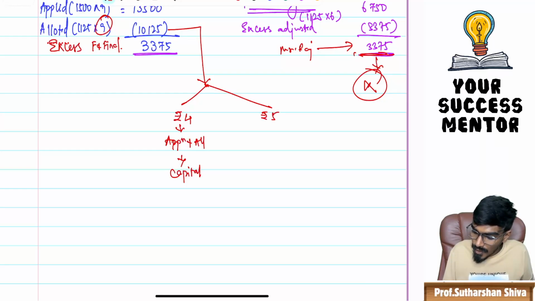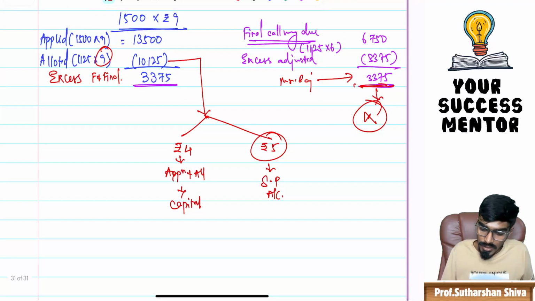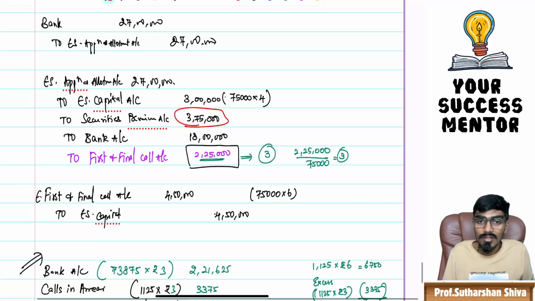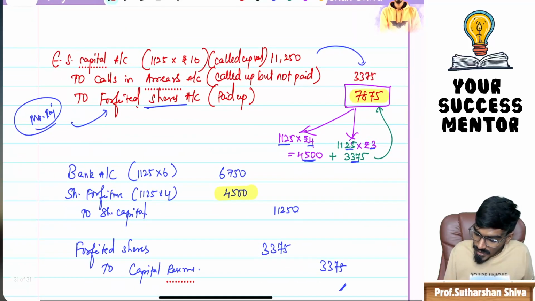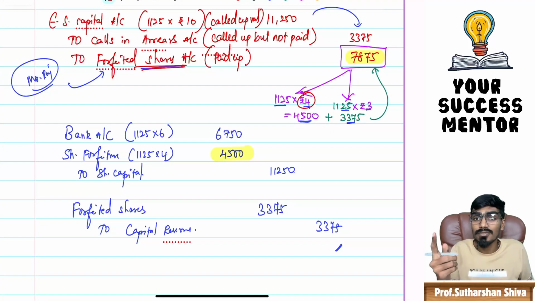The remaining 5 rupees, which I get as a benefit, will go to the securities premium account. That's why we already credited this 3,75,000. So in forfeited shares, you should only take up to the value of the capital that has been transferred. That is up to 4 rupees, not up to 9 rupees.